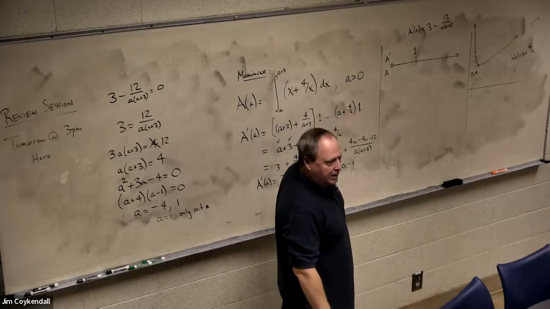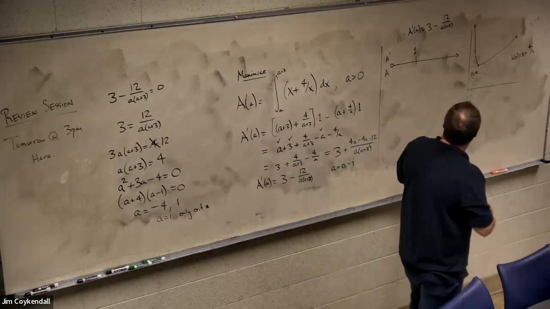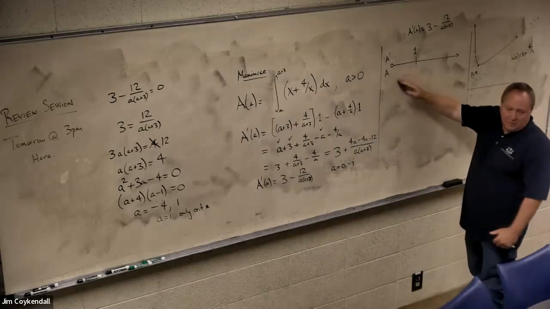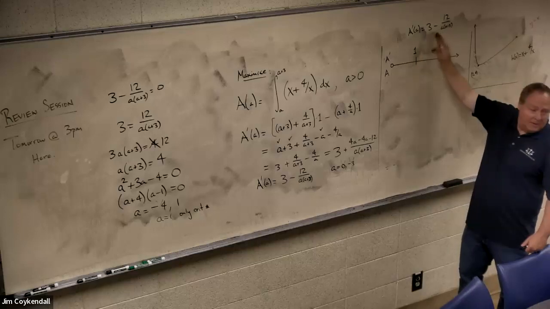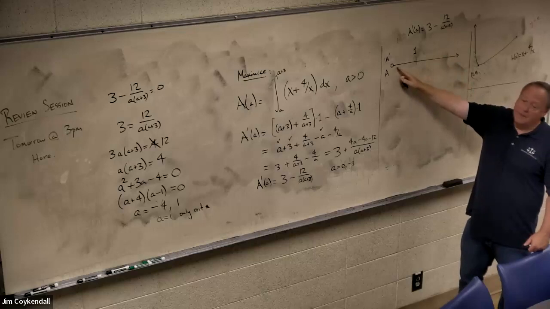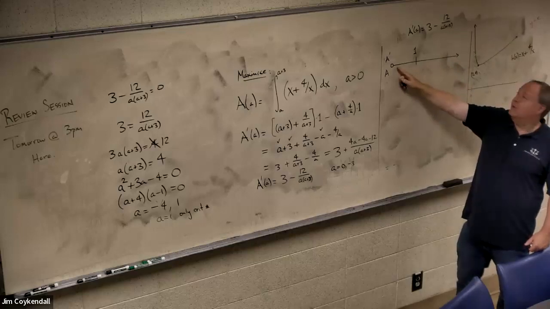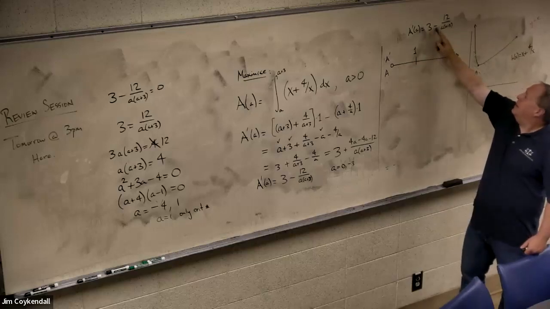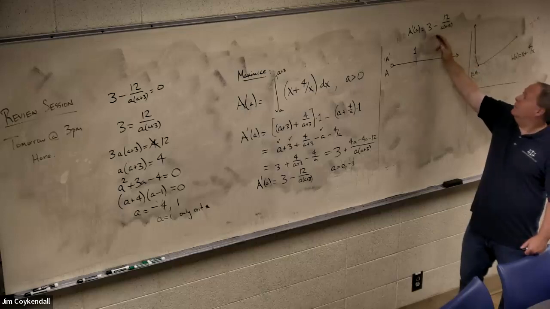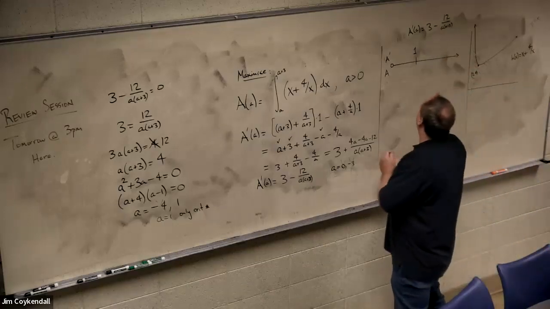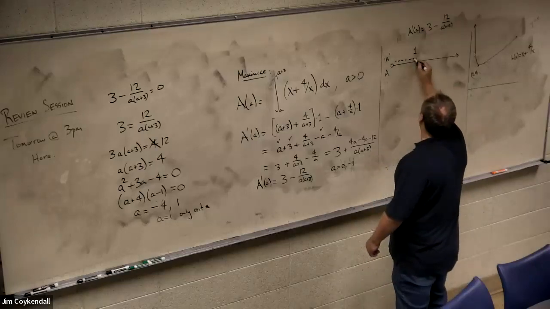Now, I really don't have to plug it in. I could. But what I'm going to do is this. What happens to A prime, this thing right here, when A is very, very close to 0? And remember, it has to be positive. It's a little bit bigger. 3 minus, notice what we have here is a denominator that's very close to 0. So it's minus 12 divided by a very, very tiny number. So this is a huge negative. So this is negative.